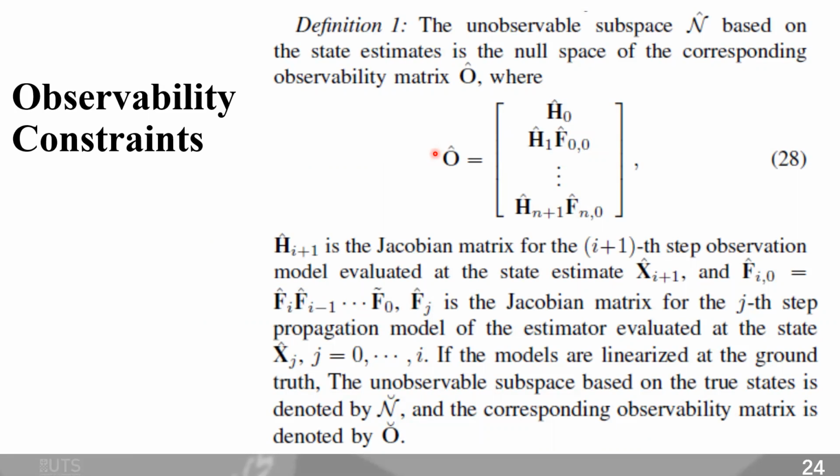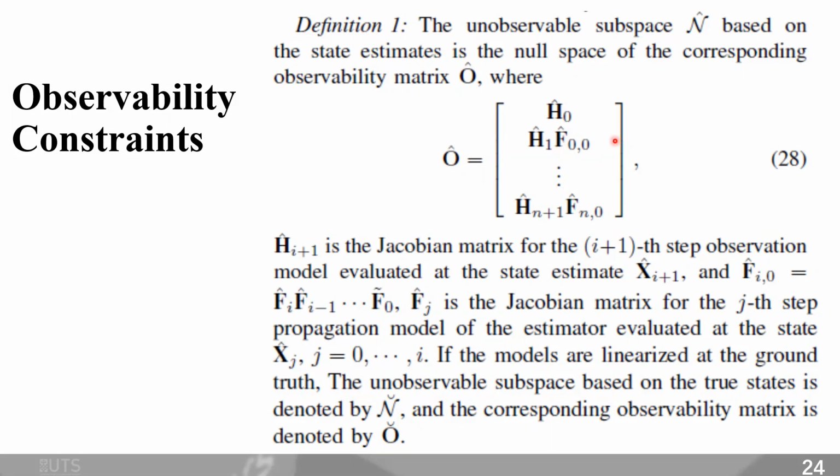So if we have the invariance of stochastic identity transformation, it can also be viewed as observability constraints. The observability matrix is defined as follows.